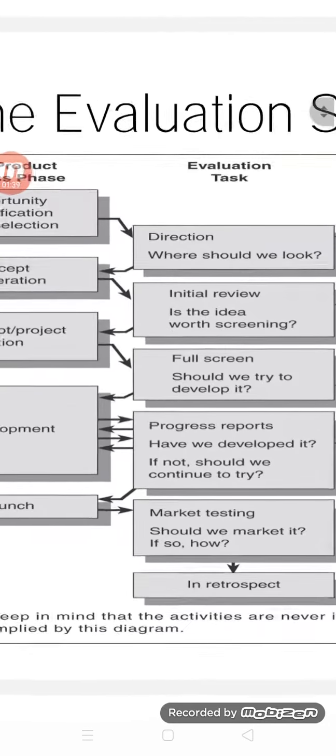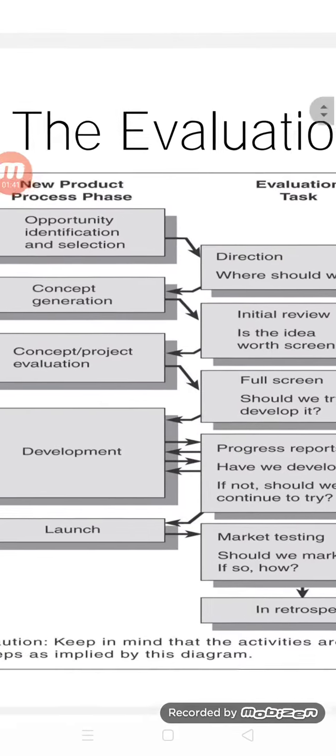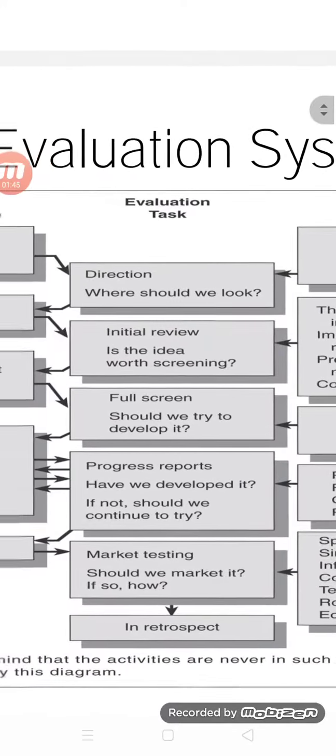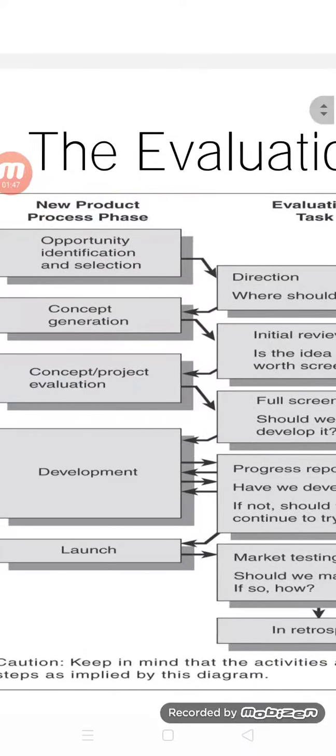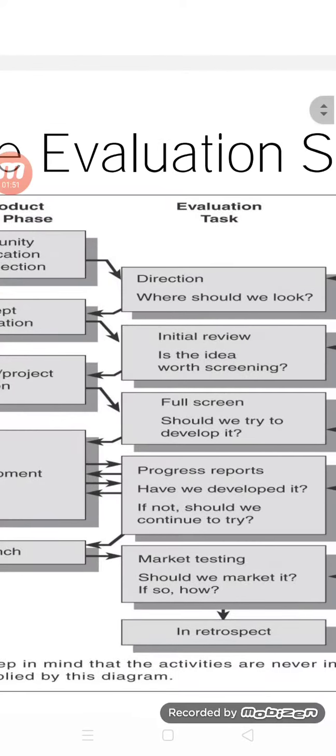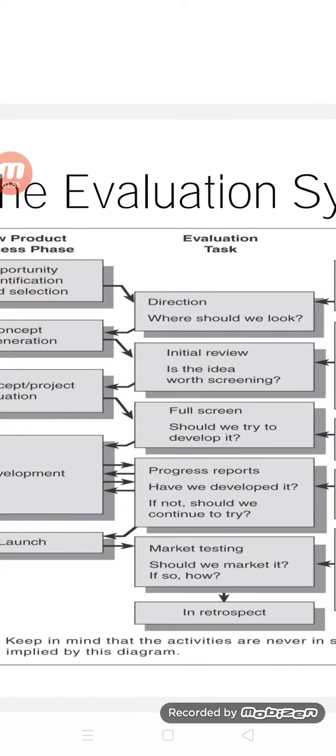So these are the directions, and then what are the techniques that normally they use at this stage. For opportunity identification and selection, the best task for this evaluation is to find the direction, what you need to do, what you should look for.